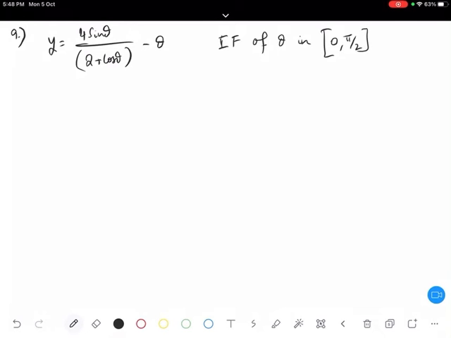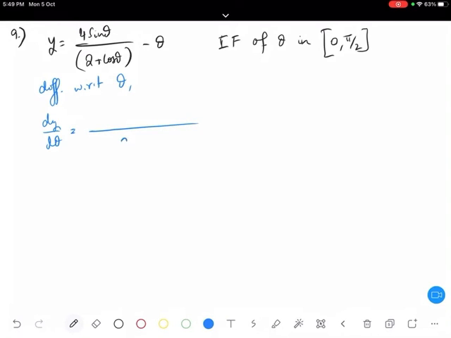So before thinking much, you just find the slope. And how to find slope? We already know that is differentiating. Here I will not do with respect to x, here I will do with respect to theta. Differentiating with respect to theta, what I get, dy d theta is equal to, now look at here, again u by v rule.